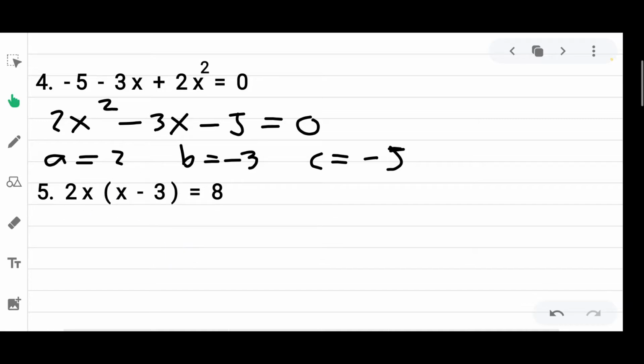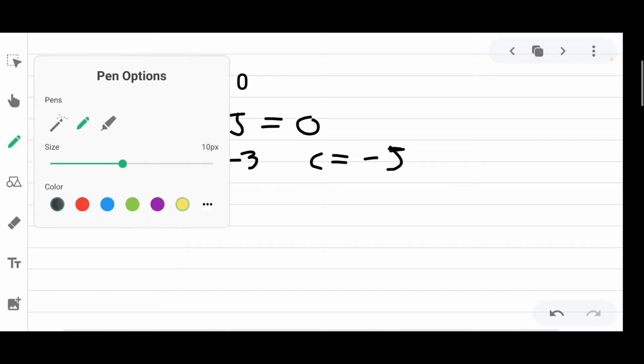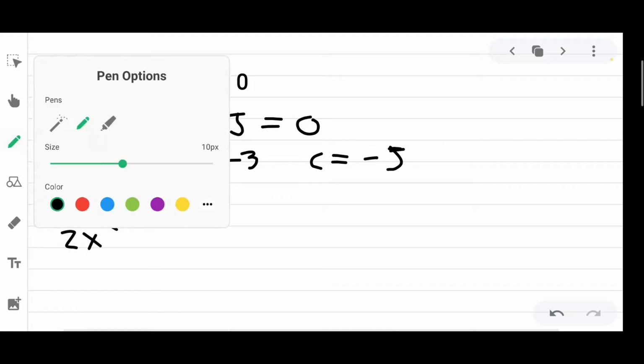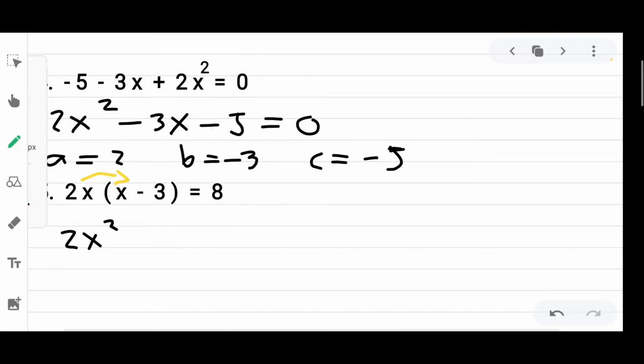So, paano nga ulit yun? Okay, so 2x times x. What is the answer? 2x times x. Kapag nagka-times tayo, we add the exponent. So, 2x squared. Okay, so bakit naging squared? Kasi mayroon tayong dalawang x.